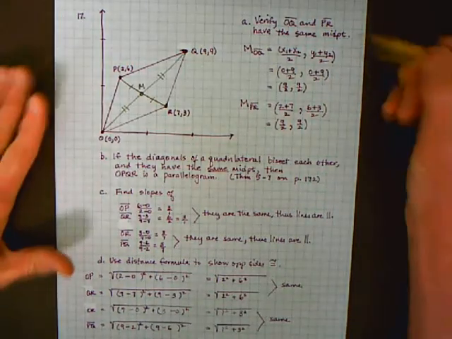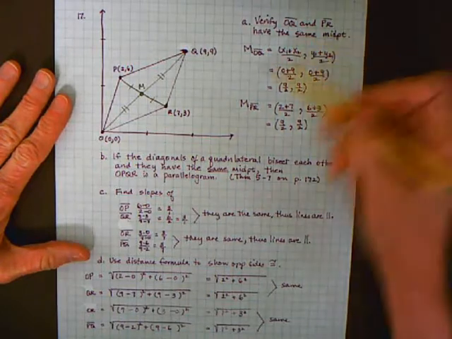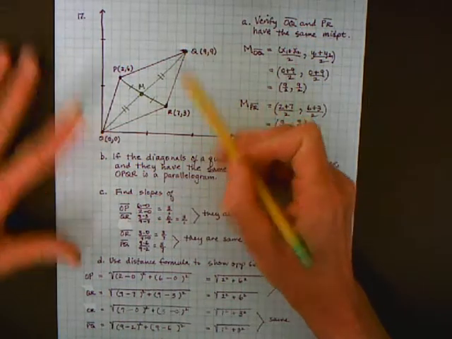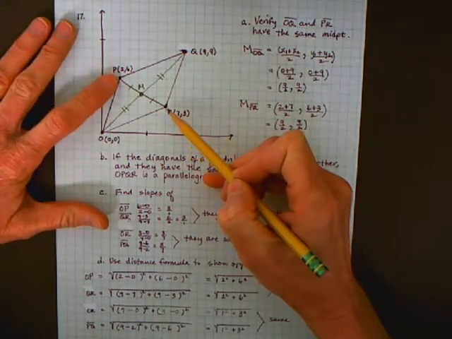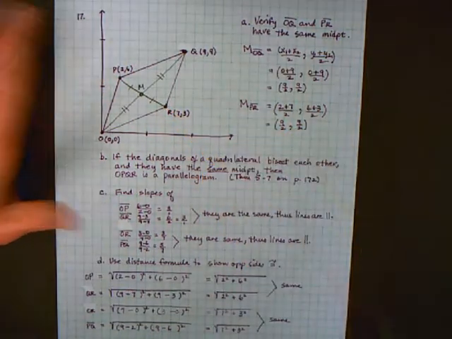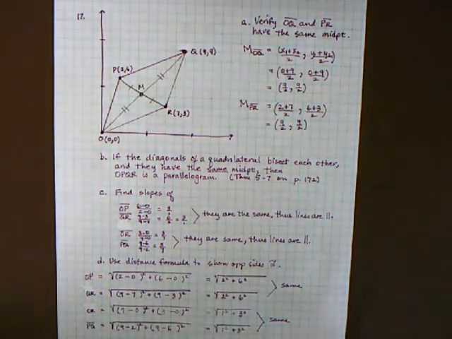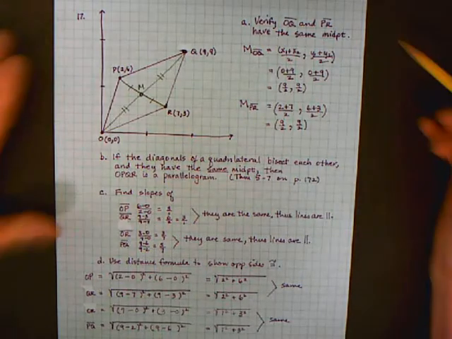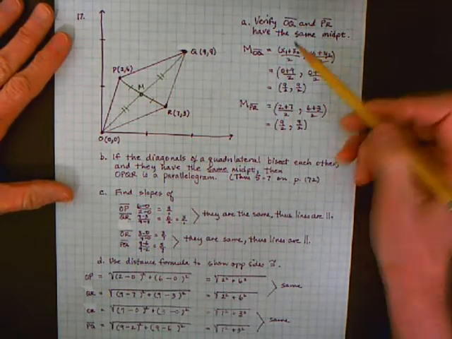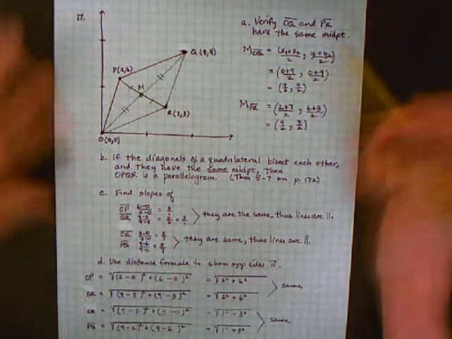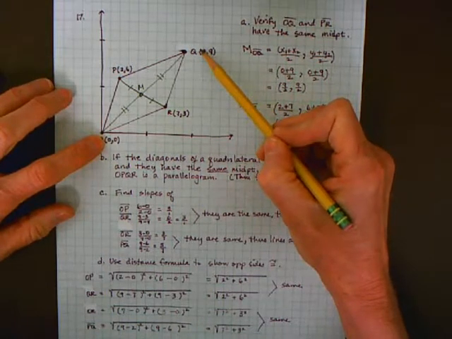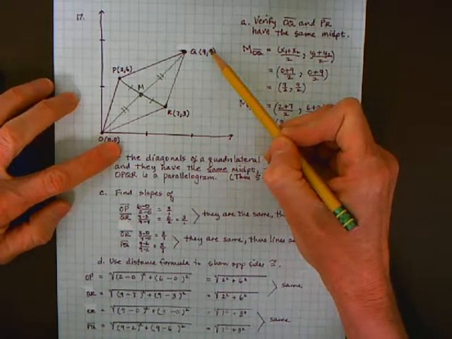So what we have to do is figure out the midpoint for OQ, and then figure out independently the midpoint of PR, and then if the gods are smiling on us, they'll be the same thing. Remember, the way you find the midpoint is you take the average of the x-coordinates of the endpoints and the average of the y-coordinates of the endpoints.